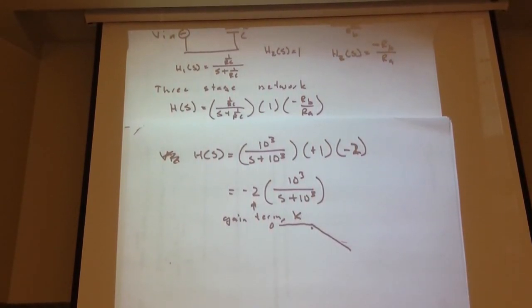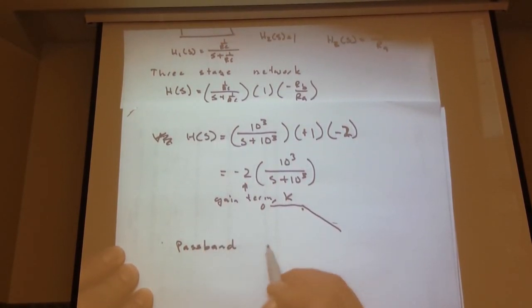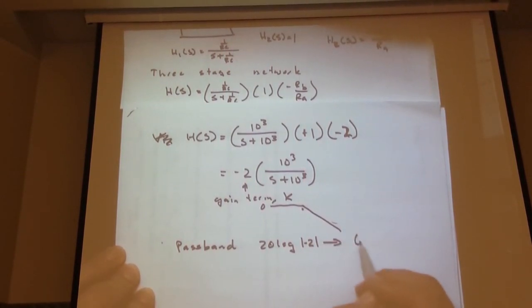It's the result of an amplifier in this case. What does that mean? For us, our passband now has a value 20 log magnitude of minus 2, which is 2, of course, which corresponds to 6 dB.